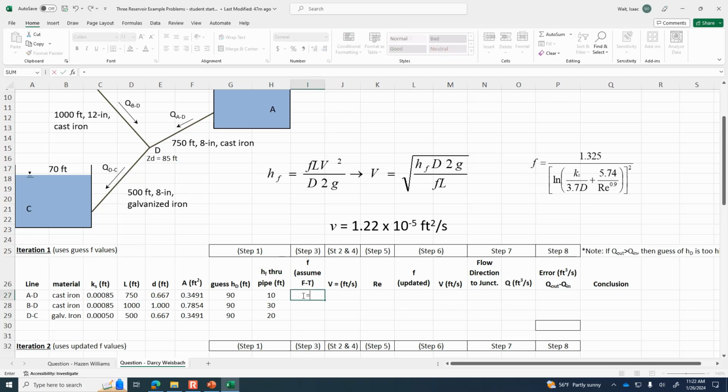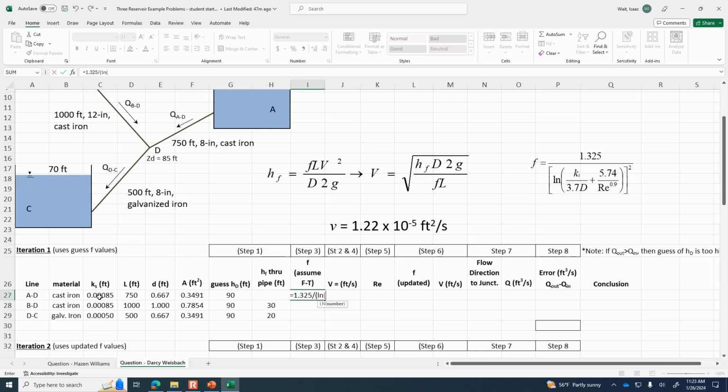So it's equals 1.325 divided by the parentheses logarithm ln of K sub s. Now check, is K sub s in units of feet? Yes, then the diameter should also be in units of feet. So we'll just check to make sure that's true, and we didn't type it in as inches. Looks like we're okay.